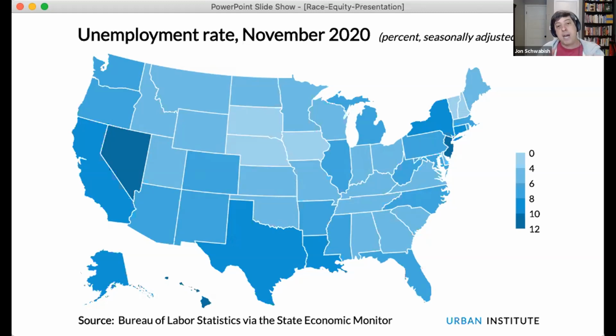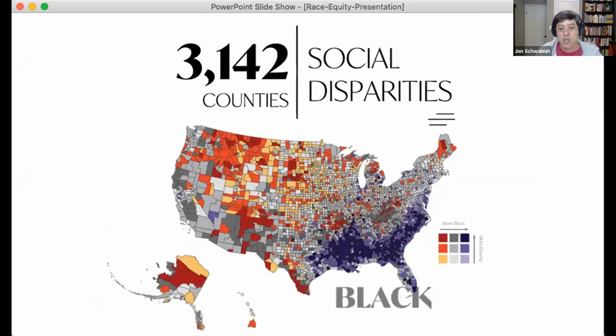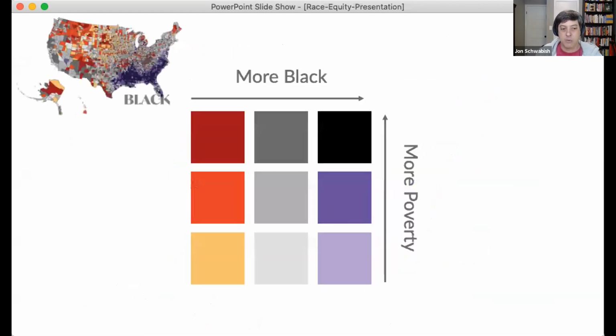A bivariate choropleth map puts 2 variables on the same map and uses that same scaling on the colors to show 2 variables. So this is the bivariate choropleth map. I'm going to zoom in on that legend so you can see what we're looking at. So we have 2 variables. We have the proportion in each county in the United States who identify as Black people, and then the poverty rate in each of these counties.